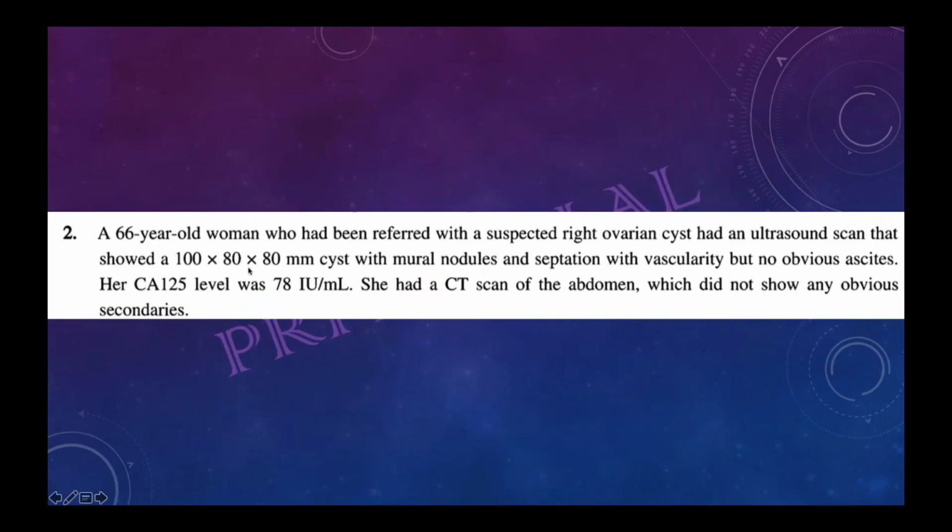66-year-old woman with a suspected right sided cyst, 10 centimeter cyst, mural nodule, septation, vascularity, everything is there. CT scan did not show any secondary. CA125 is 78. So what to be done?